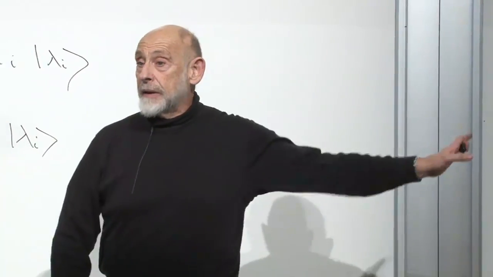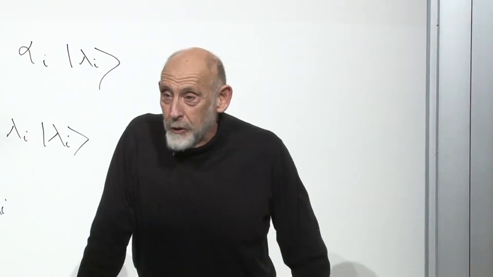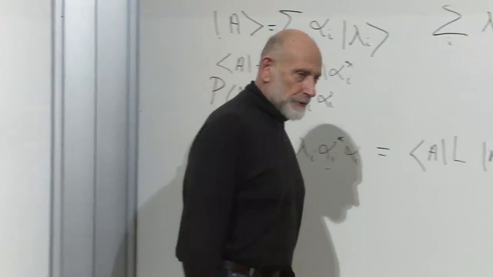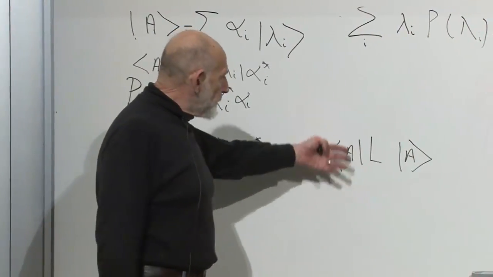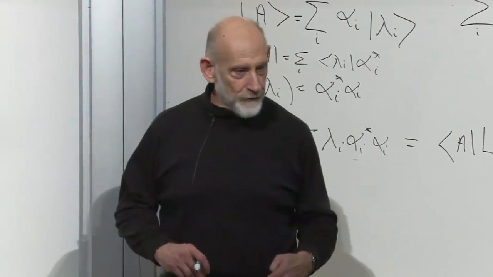Any questions about that? Okay, now I'm going to tell you what we're going to do. We're going to try to find equations governing the time evolution of these average values.